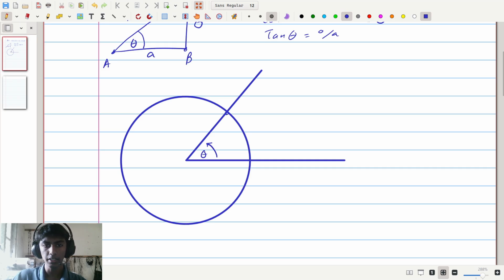Instead of using a triangle, we redefine sine and cosine as the coordinates of the point where we intersect the unit circle, at the direction which is an angle theta rotated in the anticlockwise direction from the positive x-axis. So therefore this point here is cosine theta, sine theta.